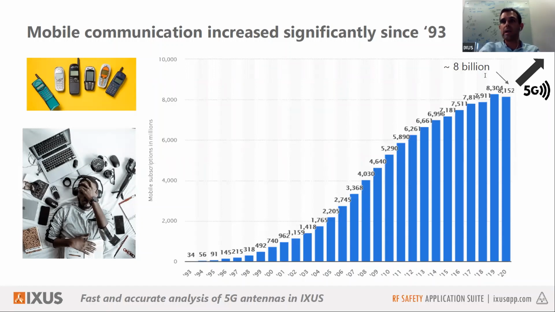This trend, especially in countries like the US, is increasing almost exponentially. As operators are endorsing and rolling out 5G antennas and radios to support this growing market, the numbers are increasing, and that also fuels various industries, and we are one of those industries. IXUS is an RF safety analysis suite, and we want to make sure that we stay ahead of the curve in terms of our simulation capabilities.